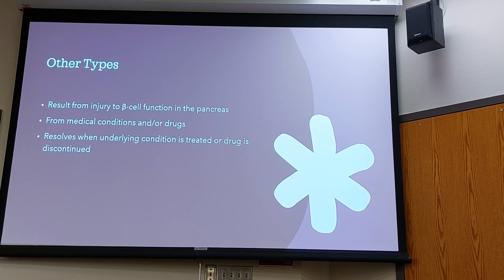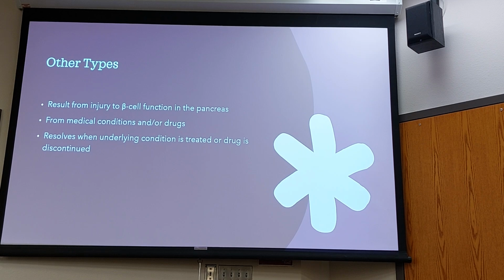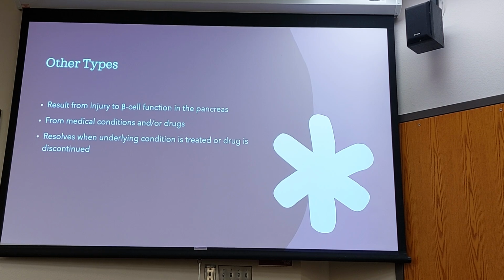Okay, and then I mentioned a little bit about the other types. So if you have that B-cell injury in your pancreas, depending on what caused the injury and how it's functioning or not functioning, it can act like a type 2, where some insulin's being produced but not enough. So it depends on what's going on, but these people need to be watched really closely, and it's really difficult to manage these.